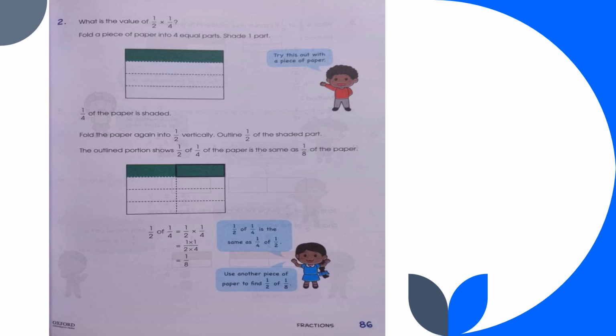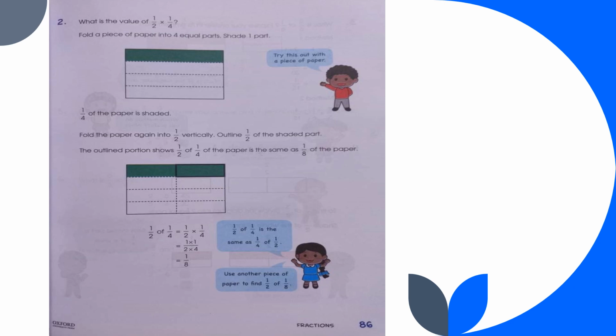In order to find the value of half into 1/4, there is another technique, which is with the help of paper. First, you need to fold the paper into 4 equal parts and then shade one part. Now, further, you have to fold this paper vertically, as previously 1/4 of the paper is shaded.